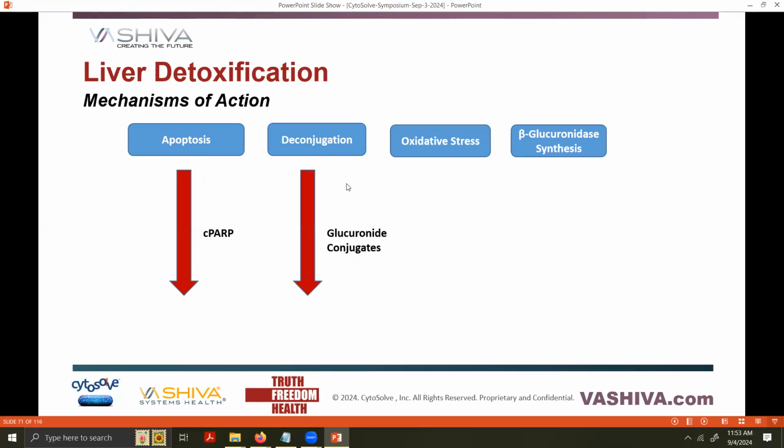For deconjugation, you need to downregulate the conjugate levels in your blood so that your liver stays healthy. For oxidative stress, you want to minimize the reactive oxygen species, the ROS, and similarly, you want to lower beta-glucuronidase as well to maintain the toxicity level in your liver.